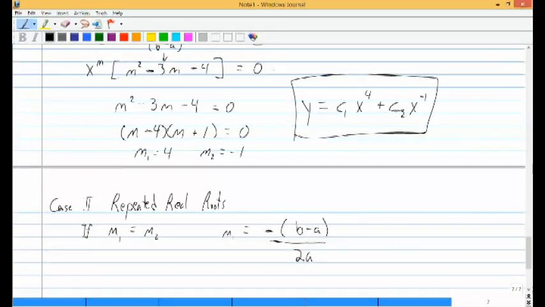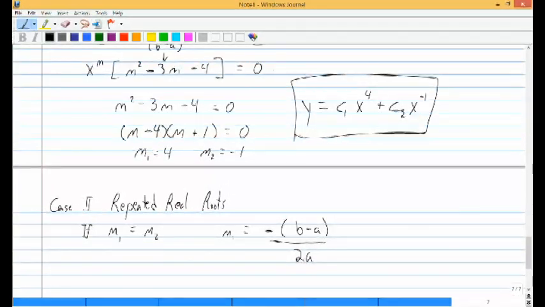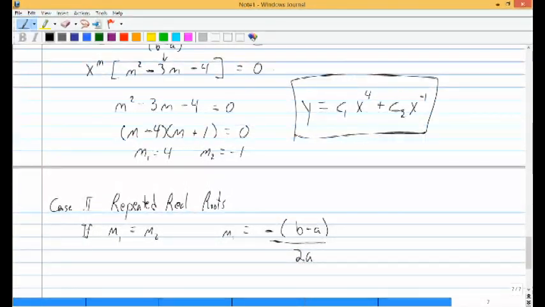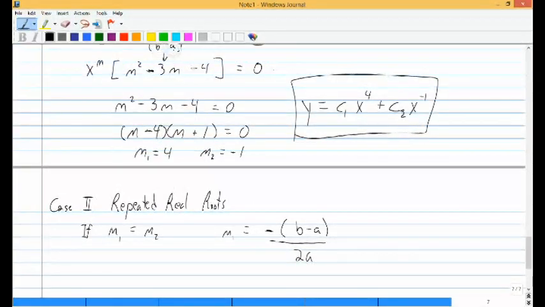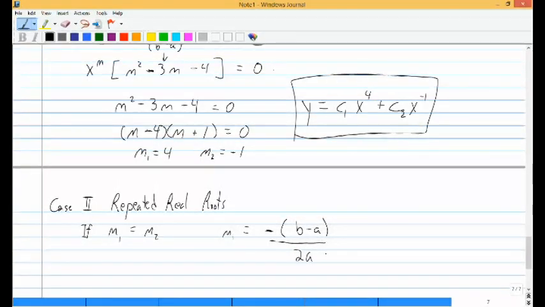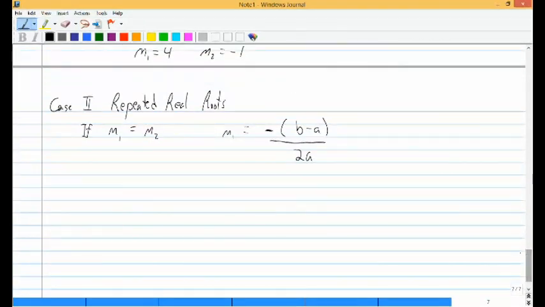In the quadratic formula, we usually have the b as the coefficient of the term in front of x to the first power. But here, remember how we get this negative 3? It's b minus a. So m sub 1 is going to be the negative of b minus a over 2a. So it changes up the problem just a little bit if you have a repeated root.